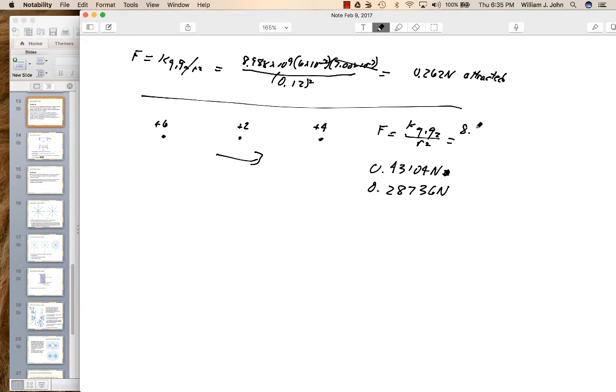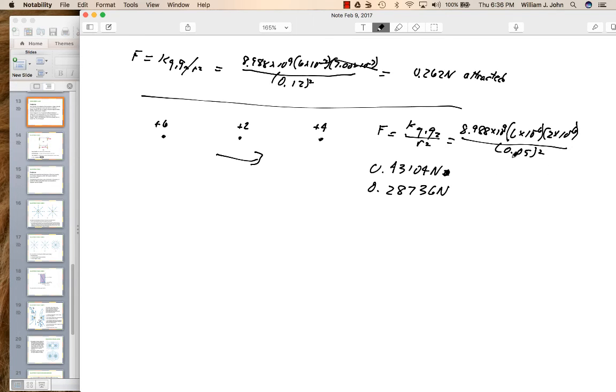This would be 8.988 times 10 to the 9th times 6 times 10 to the minus 6 times 2 times 10 to the minus 6, and it's going to be divided by 0.05 squared, okay?